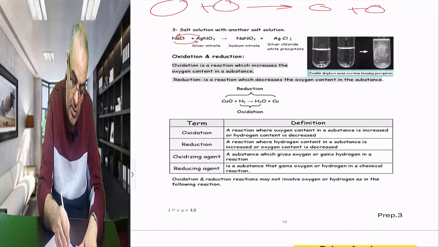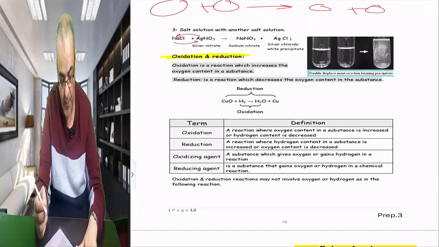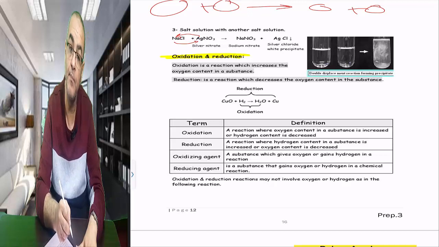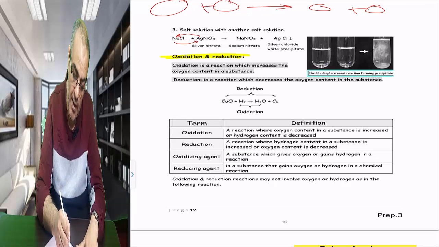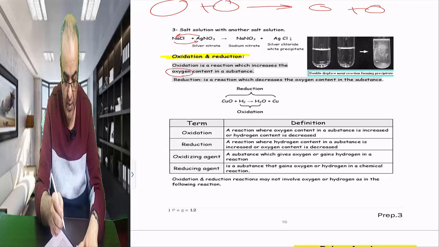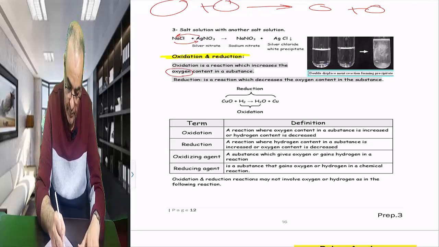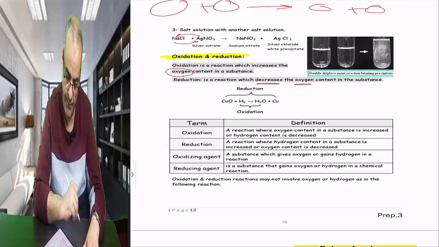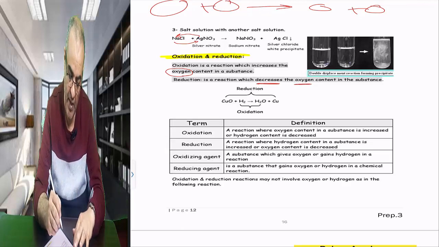Now to the oxidation reduction process. Simply, from its name, oxidation is the reaction which increases the oxygen content. Reduction clearly decreases the oxygen content in the substance.